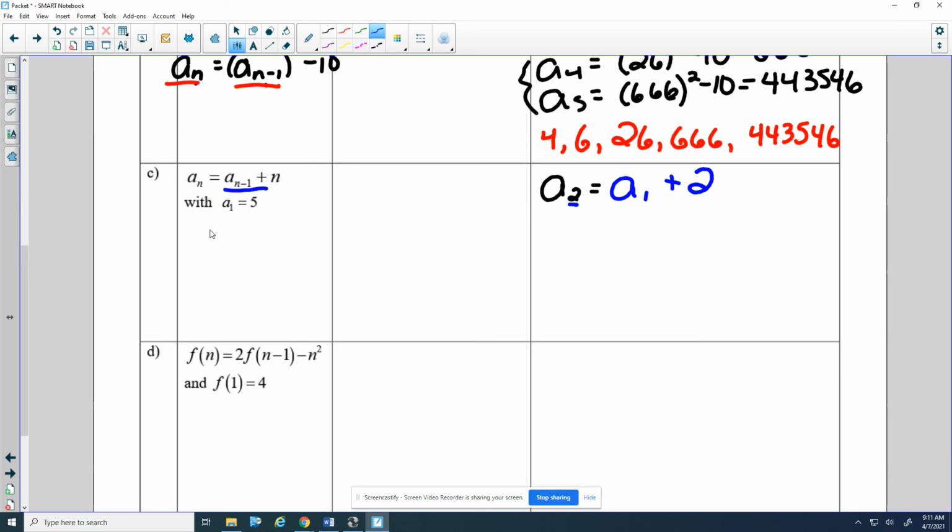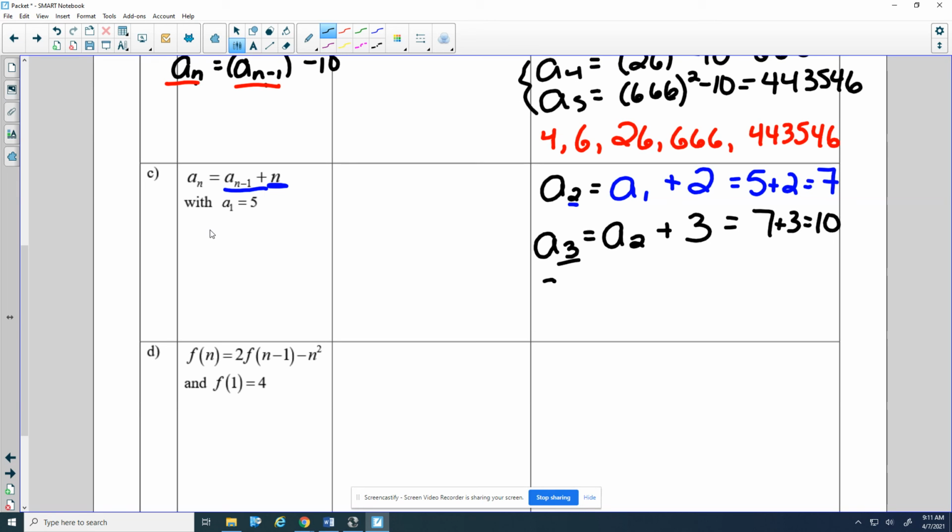Now this is not a subscript, this is a regular number 2, because n is a regular size here. So a sub 1 is 5, 5 plus 2 is 7. To get the third term, take the second term and add the value of n, which is now 3. So that is 7 plus 3 is 10.